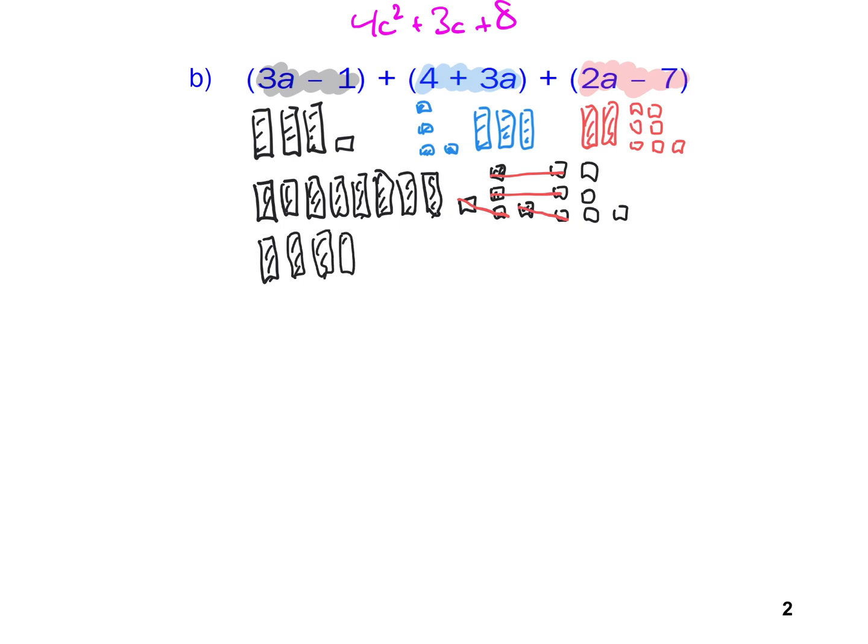We still have 8. But for the units, we have now how many? 4 unshaded units left over. And if we turn this back into symbolic form, how would we say our answer? 8a minus 4. Beautiful.